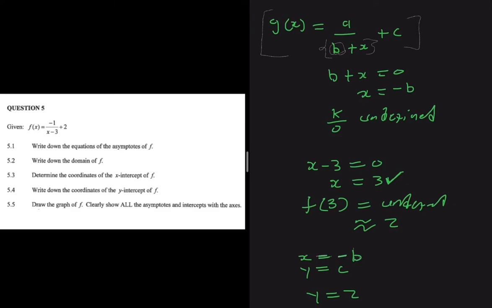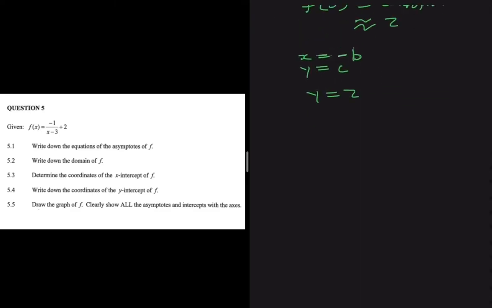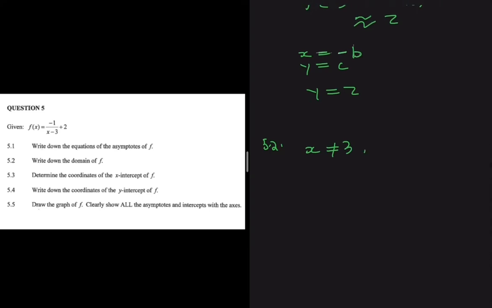Let's move ahead. 5.2, it says write down the domain of the graph. The domain is every value of x where the equation is defined. Because the f function is defined everywhere except at the asymptote, we have already established that x cannot be 3 for our f of x.